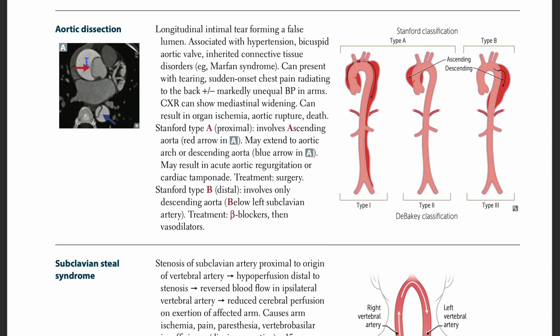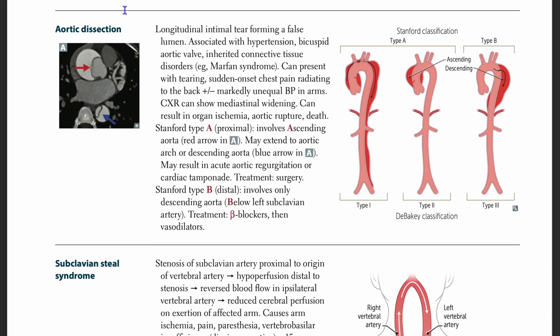Marfan syndrome, can present with tearing, sudden onset chest pain radiating to the back, with or without markedly unequal blood pressure in arms. You have chest X-ray that can show mediastinal widening, can result in organ ischemia, aortic rupture, and death.